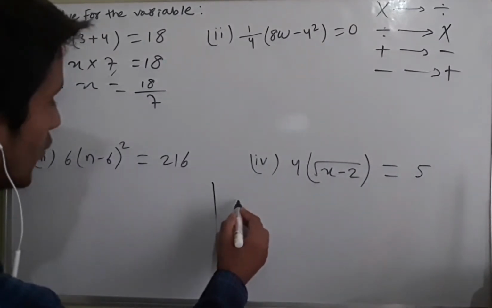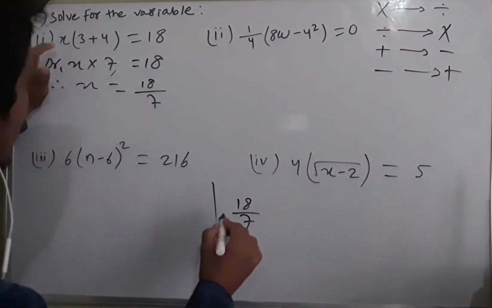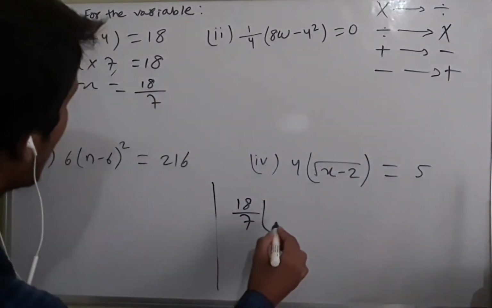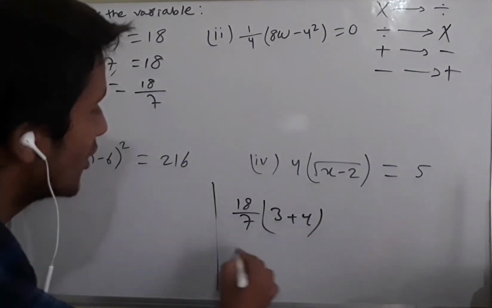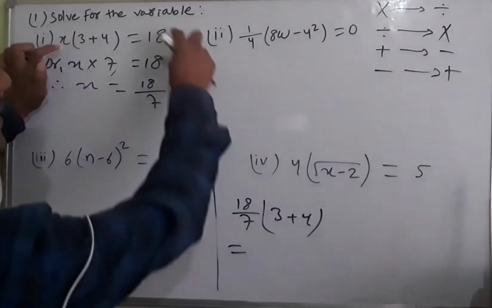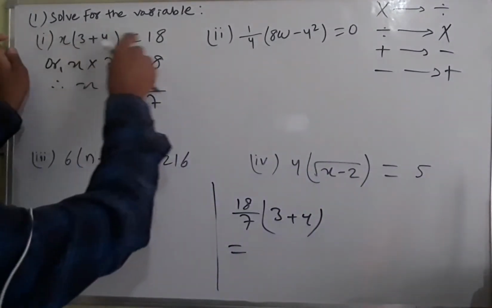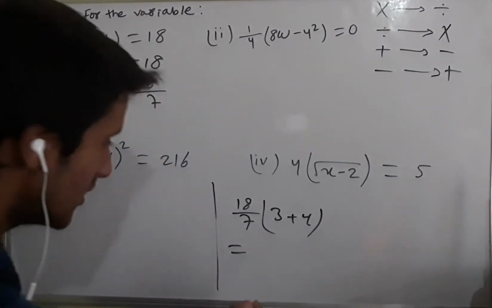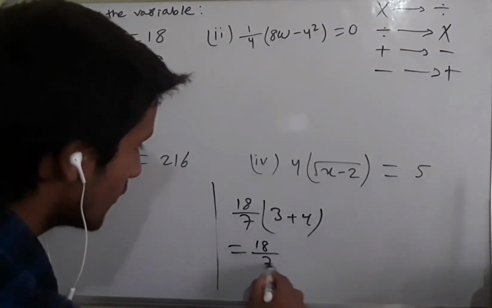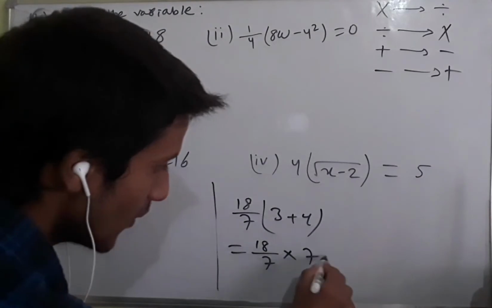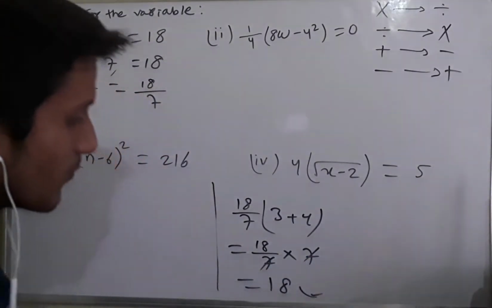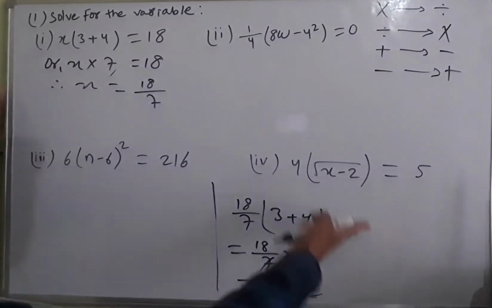So x is 18 over 7, and I'm going to replace x with the value we have found, times 3 plus 4, and as we solve this, it should be equal to 18. Now 18 plus 7 times this, which will be 7, the 7 gets cancelled, and you have 18 left, and as you can see, this is true.